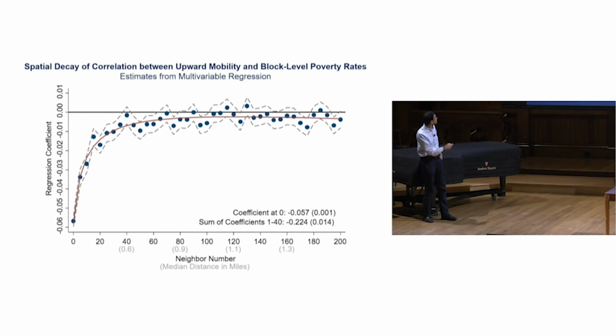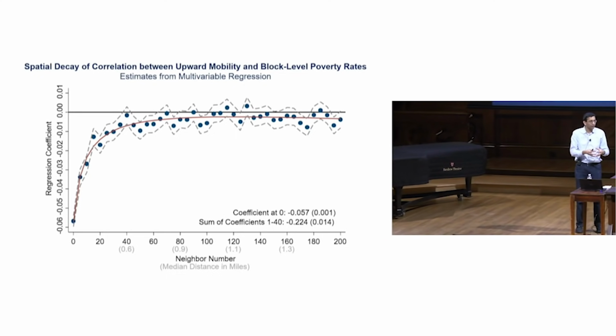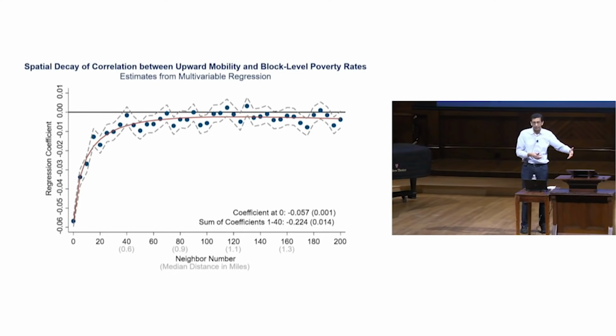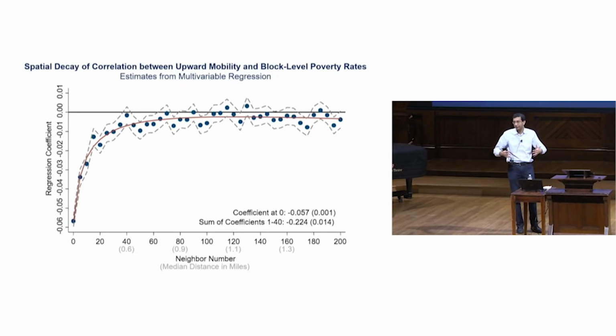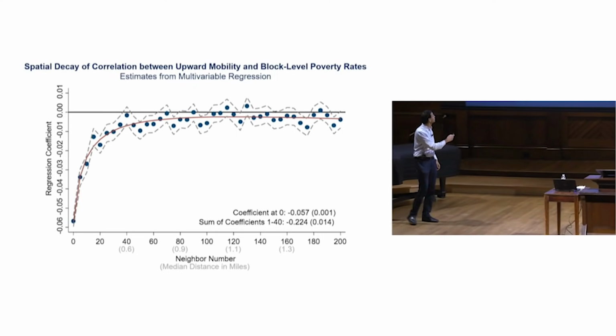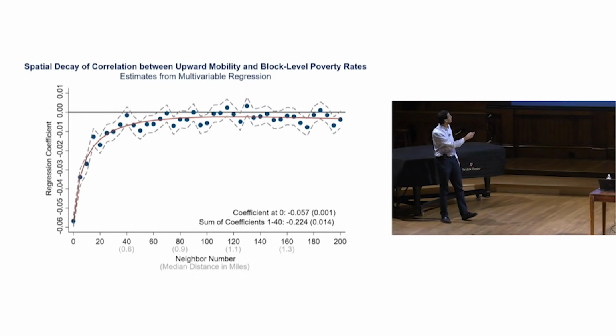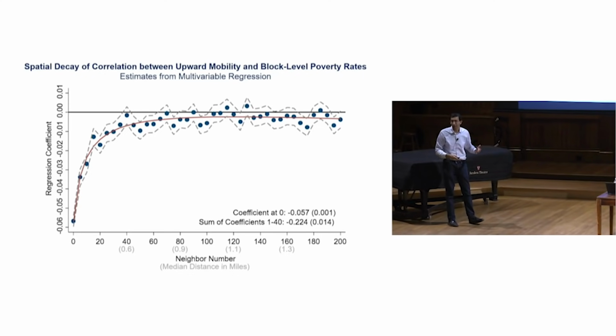And what you can see here is a slower decay. That makes sense intuitively, right? It would be weird if the only thing that matters is the poverty rate literally next door to your house. You would expect that conditions are going to matter a little bit further out. But if you look at where this gets close to 0, it's by the time you get to something like the 25th or 30th block, there's basically no effect.